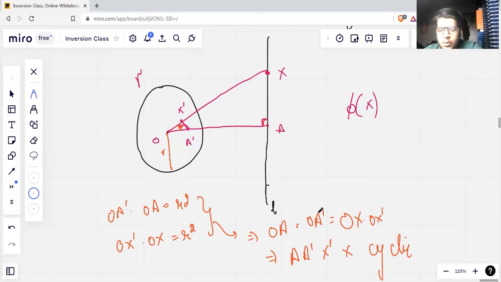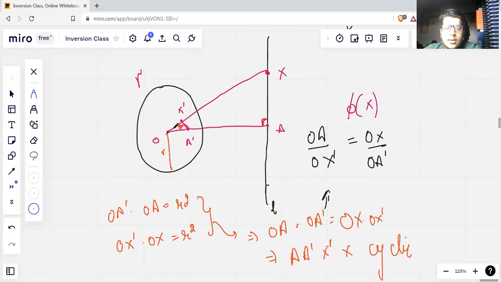Also, for those of you who don't know what power of a point is, you don't need to know it. You can just do it by similarity. So this is equivalent to OA by OX dash equal to OX by OA dash, and this angle is equivalent.